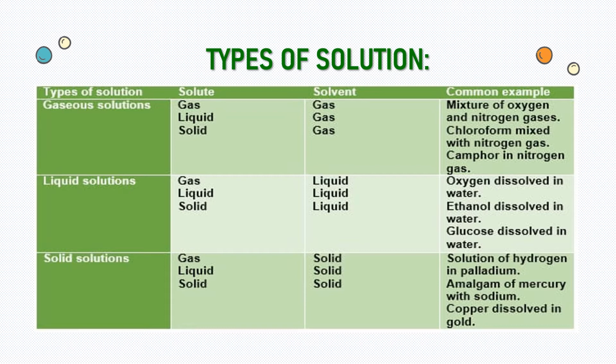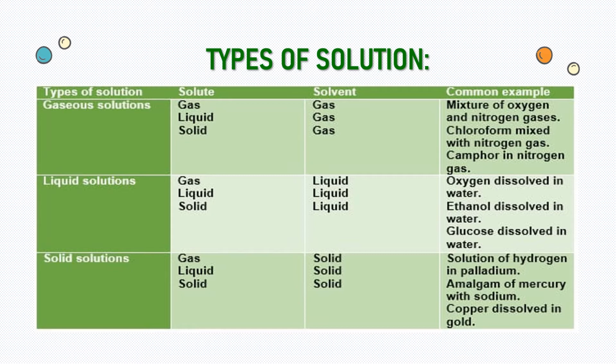For liquid solutions, the solvent phase must be in liquid state and the solute phase can be in any of the three states: solid, liquid and gas. You can see over here the examples of liquid solutions: oxygen dissolved in water, ethanol dissolved in water, glucose dissolved in water. All these are examples of liquid solutions.